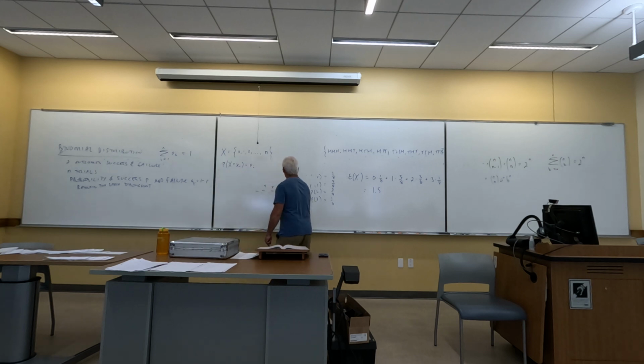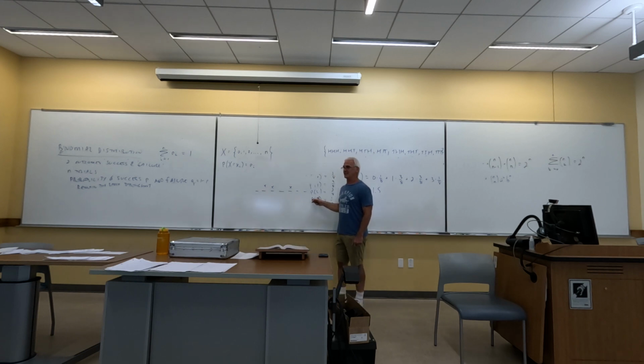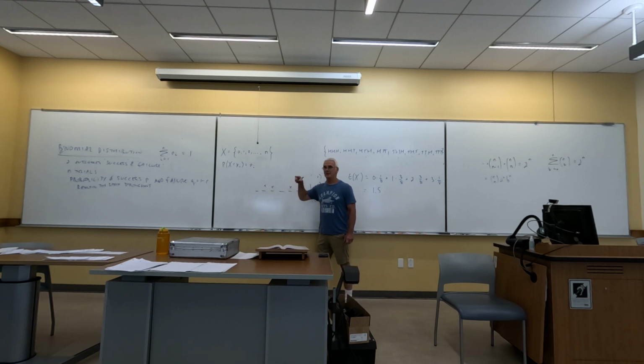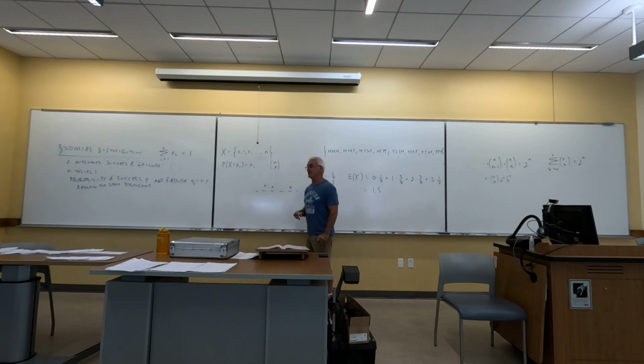Well, I've got to pick which places I'm going to put them. So if there were n trials and x successes, how many places can I put the x's? It'd be n choose x, wouldn't it? So what is this probability? It would have to be n choose x, that's how many ways it could be done, times the probability that I was successful x times.